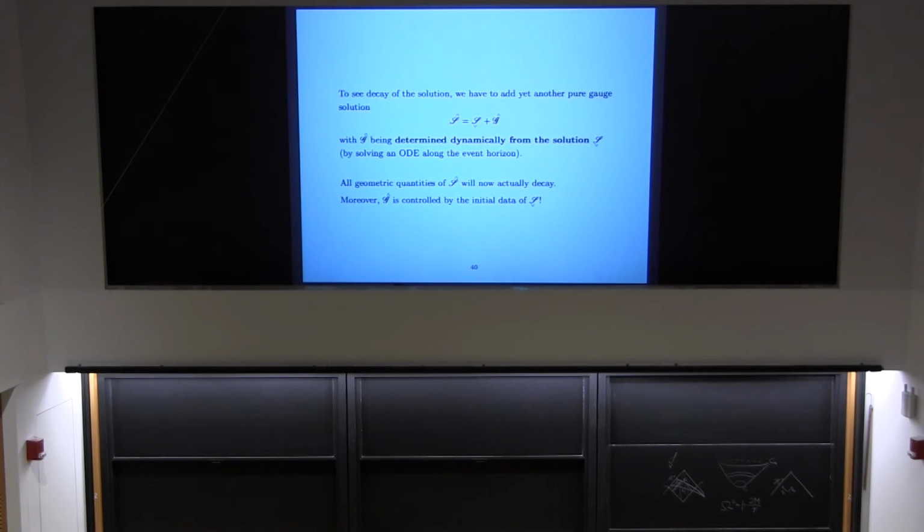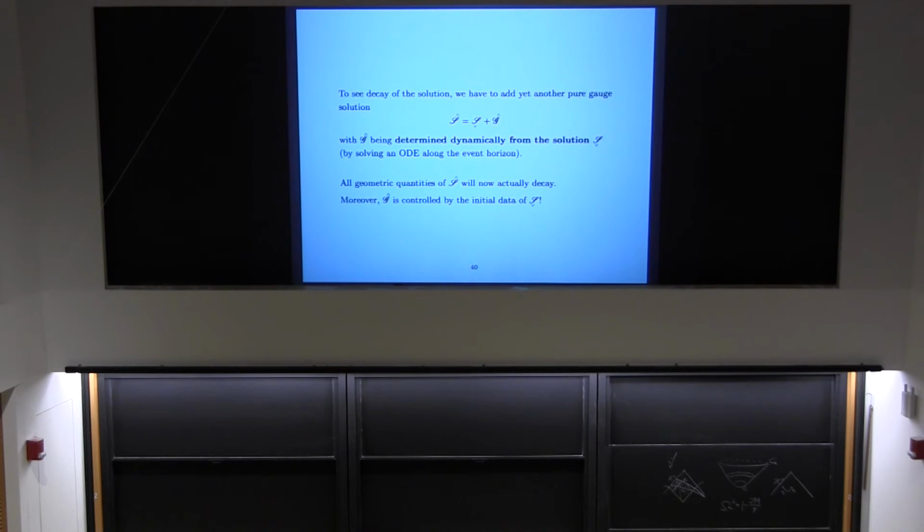Okay. So this time, remember, the initial data gauge was determined completely at the initial data. So I constructed them in such a way that certain things held on the horizon sphere and so on. The future gauge is determined dynamically from the solution in the initial data gauge on the horizon.